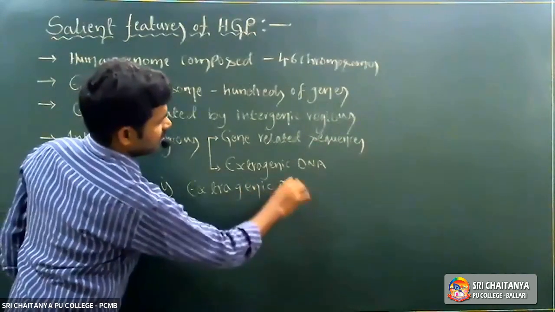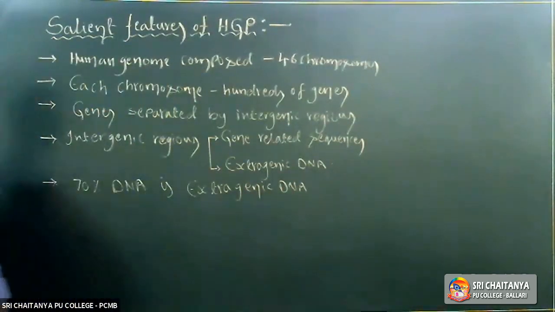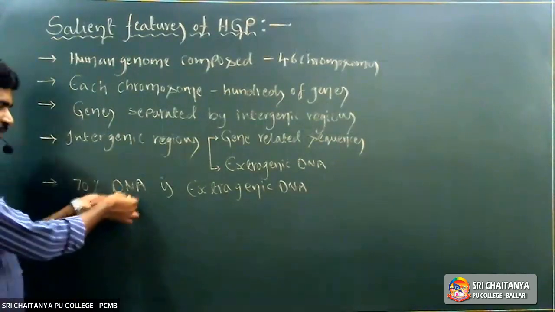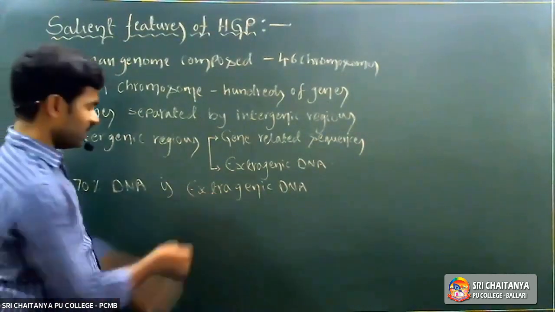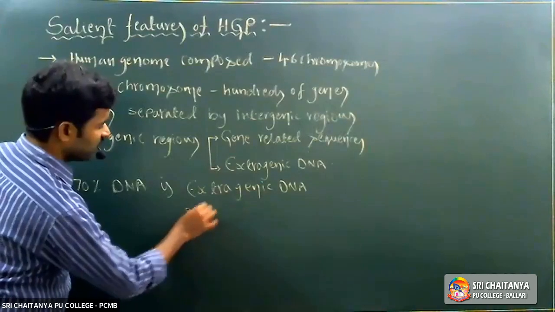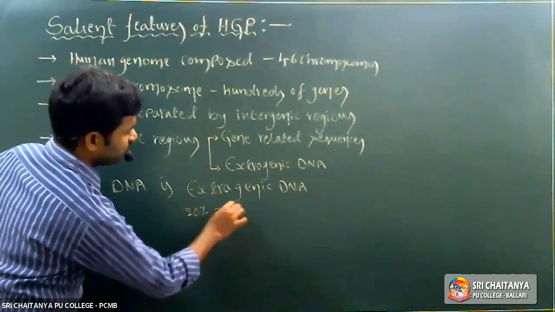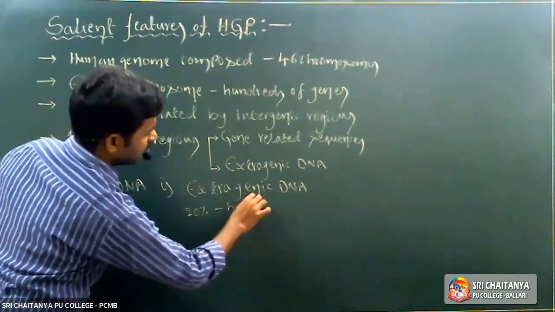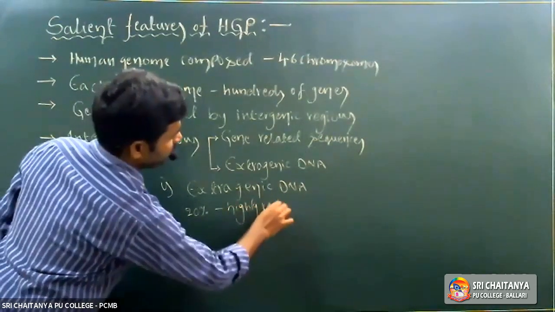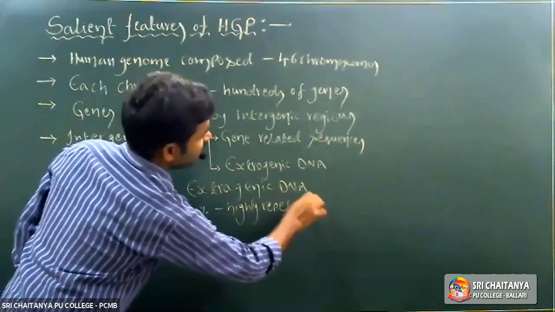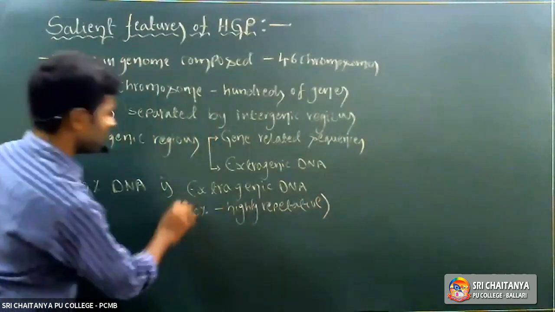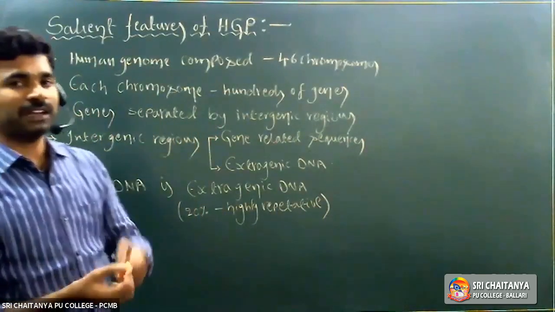In that 70% extragenic DNA, 20% is highly repetitive. Highly repetitive means that a genetic material, otherwise a DNA sequence, is repeated again and again, right?